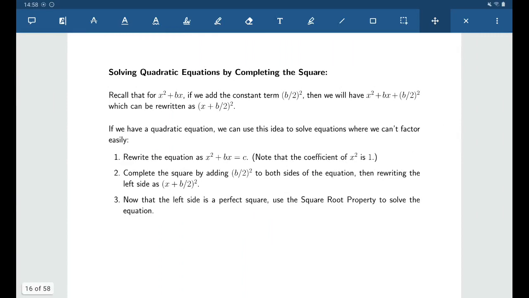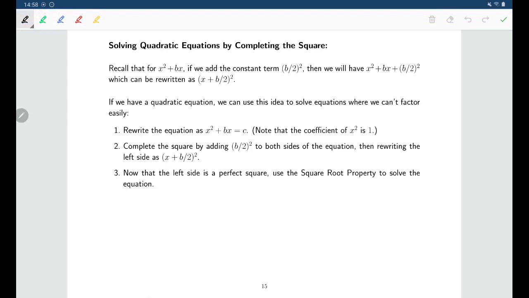Now, what we did in the last example was actually the last couple of steps that we would be doing when we solve something by completing the square. Remember that when we were talking about completing the square, what that meant was taking something that was quadratic, something like, for example, x squared plus 5x, and we want to turn it into something that can be expressed as a perfect square.